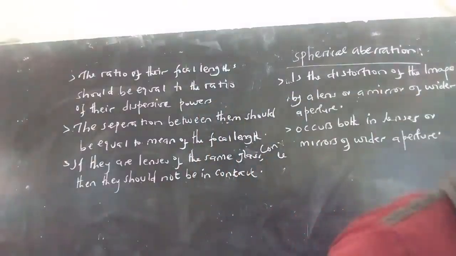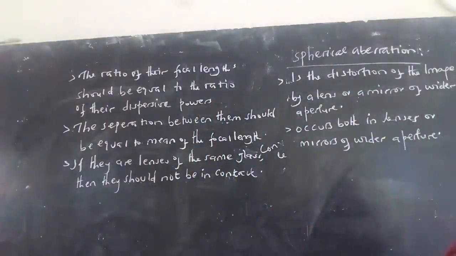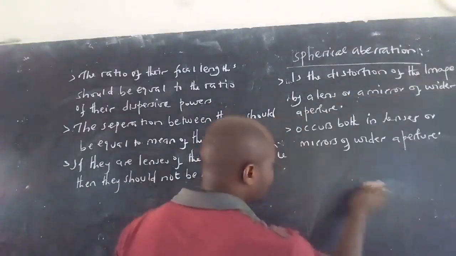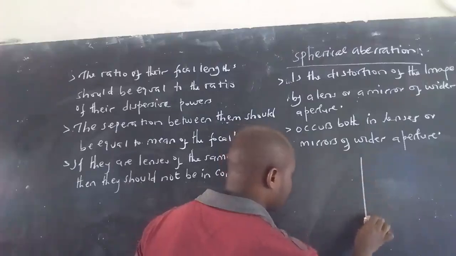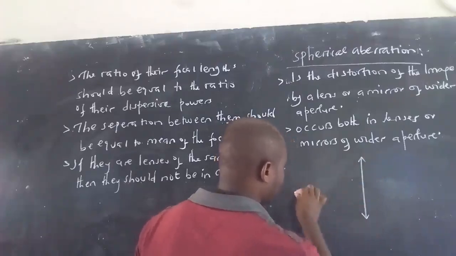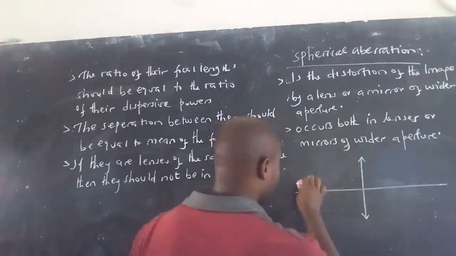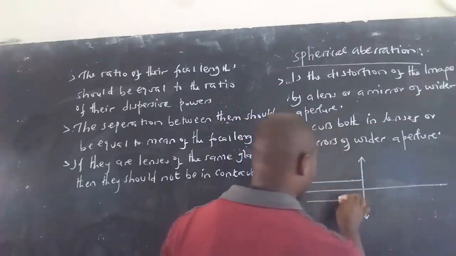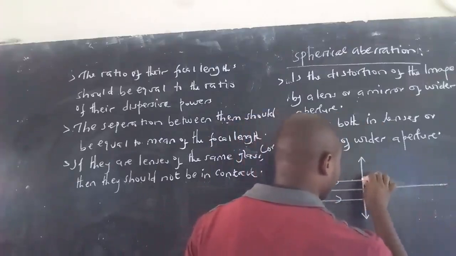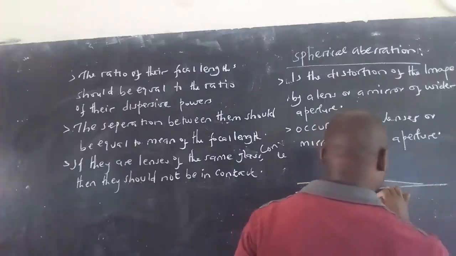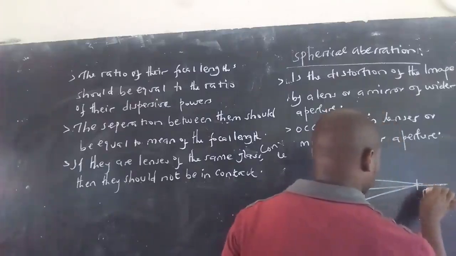Okay? So we shall now say here, for the case of the lens, let us use this lens. So we have these ones, paraxial rays converging very far. This F is here.